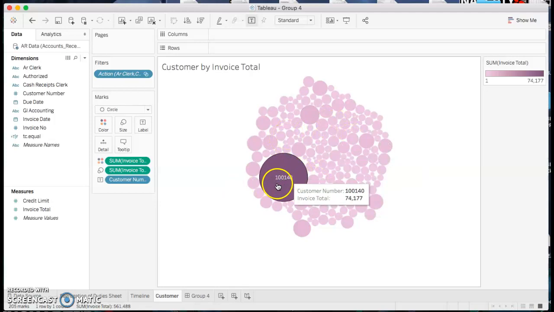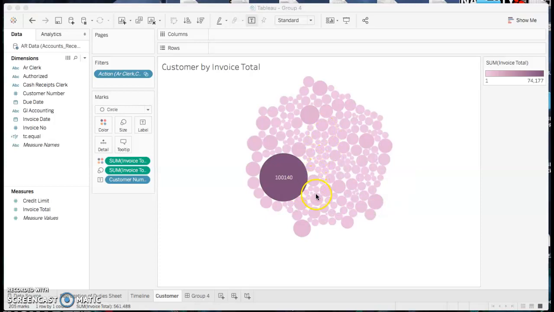So, for example, here you see customer 100140 has the most amount of invoices, totaling 74,177. So in our data set, the bigger you are, the bigger the circle is. That just means the more invoices you have. So that's how we arranged it, by number of invoices.